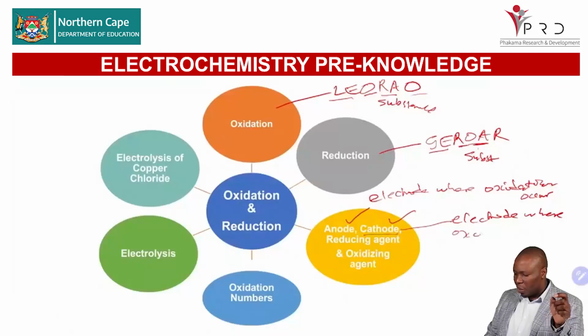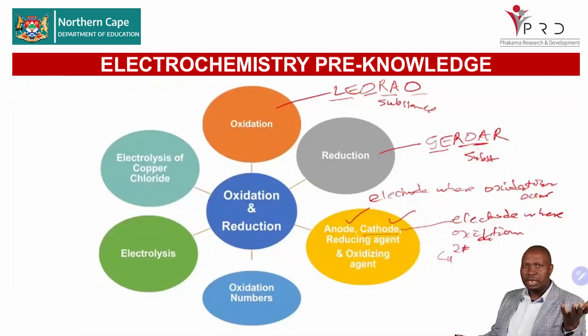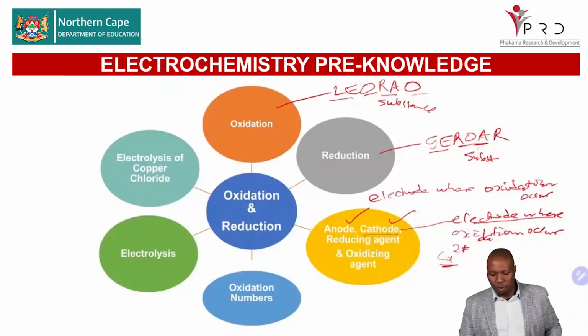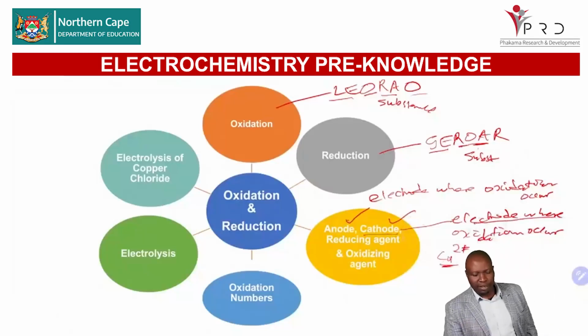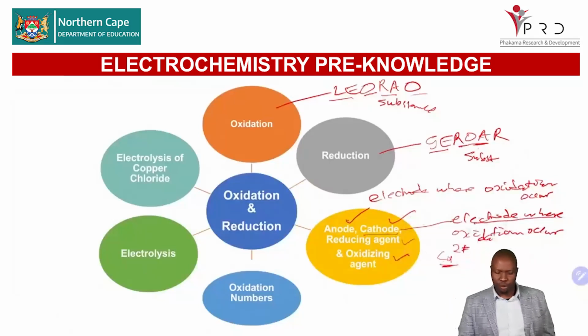So we are simply saying where the cathode is, there will be gaining of electrons. But electrons are usually gained by the cations, like when you have copper 2+. It's not copper that will gain electrons, it's copper 2+. And then it's very much important that you say it is the electrode where reduction occurs. We call it a cathode. Hence, we are saying an ox and red cat, so that you are always reminding yourself the reducing agent and oxidizing agent. We talked to that.